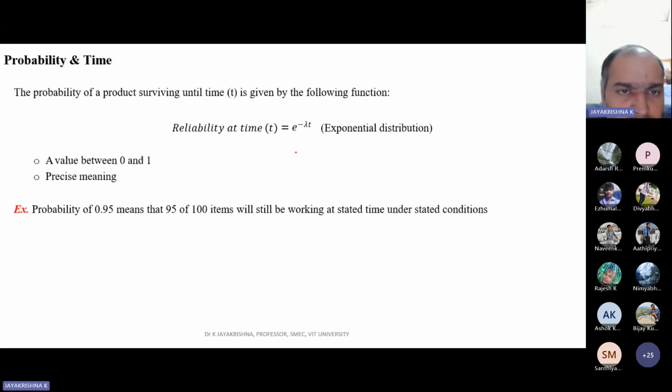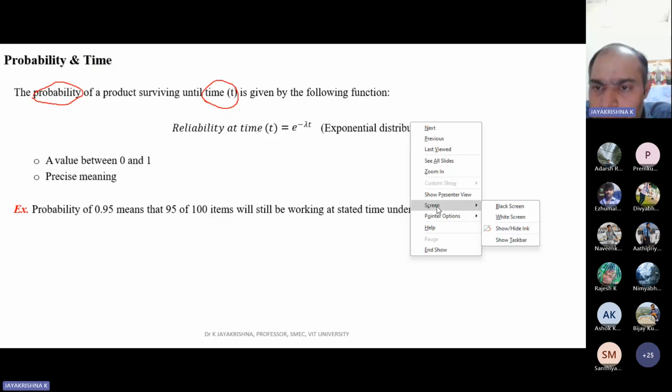The chances of a product to survive in a given time or until time t. Here I'm talking about probability and time. If your product is able to survive until time t, then we use this formula, reliability at time t.